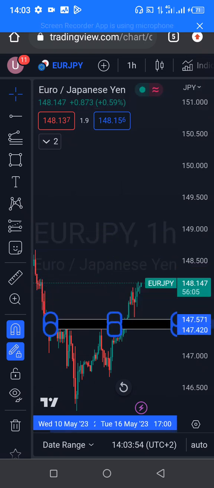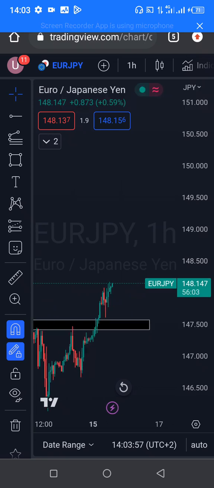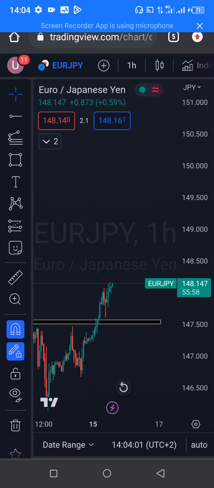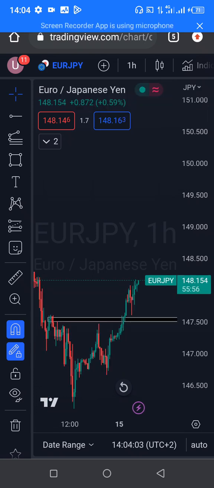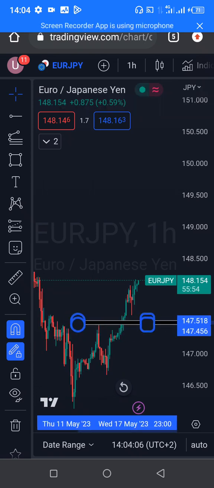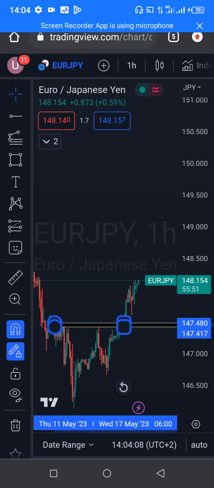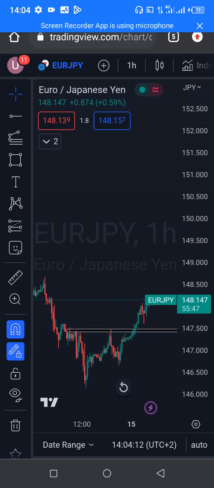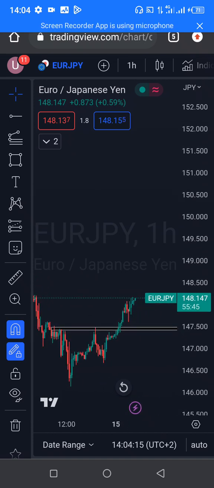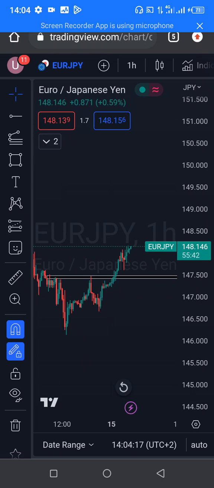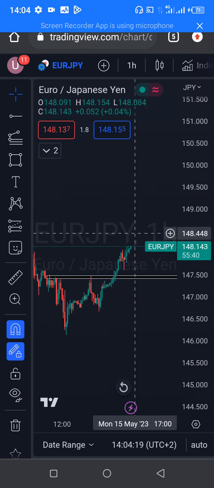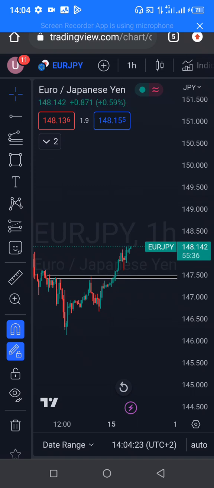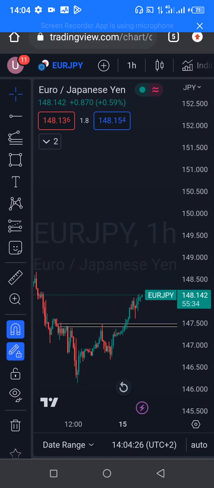I'm going to drag it to here. I was going to look for a pullback around these areas from here to here, but it seems like it played out, but it's all right.